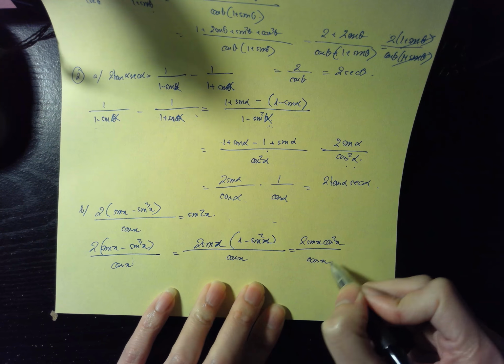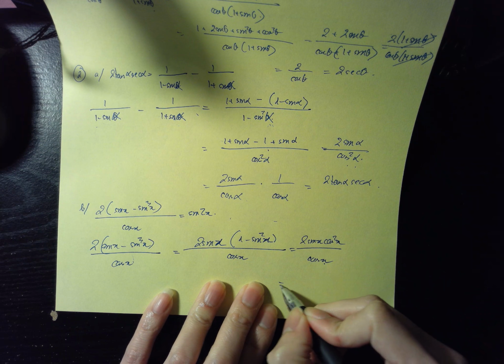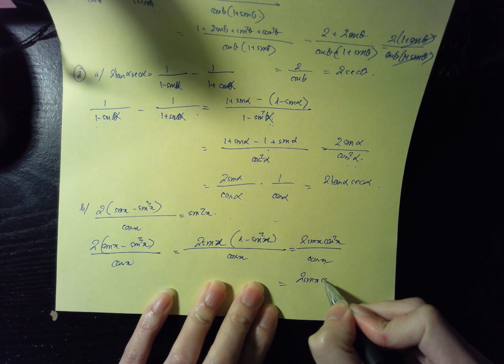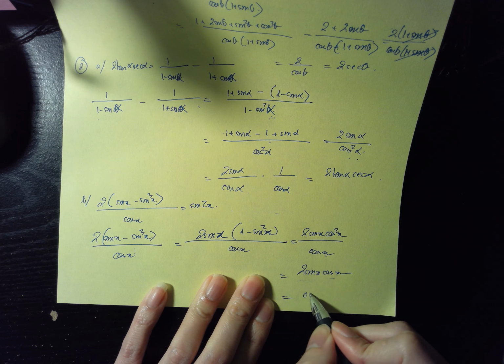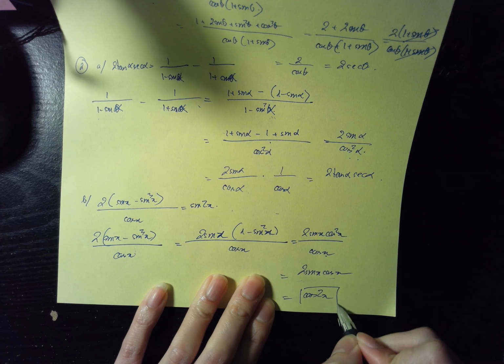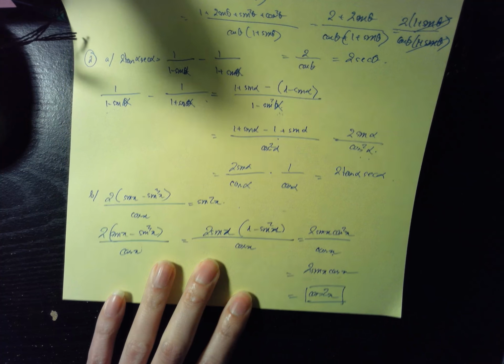Cancel cosine square x with cosine x is 2 sine x cosine x, right? And this formula we already learned, 2 sine x cosine x is sine 2x, and we're done. Okay, very easy.